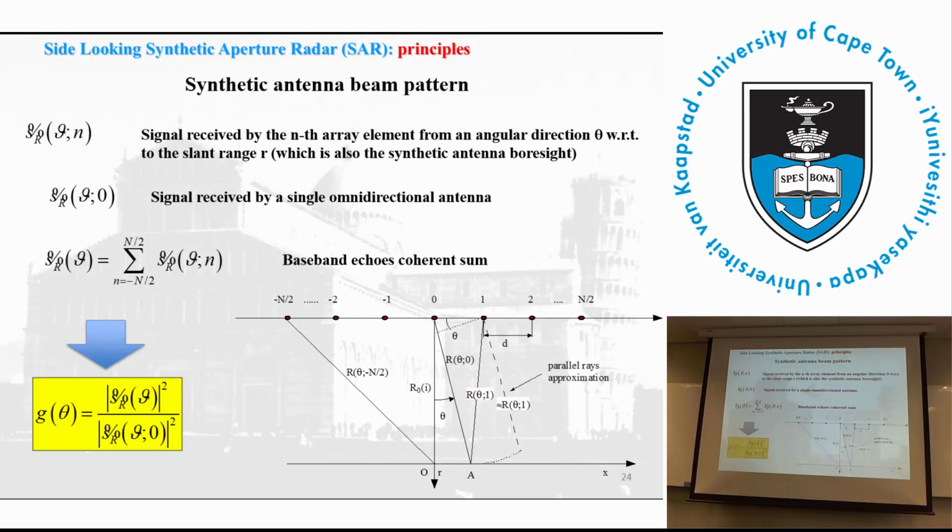So when these complex signals add up coherently in phase, right, you get a gain. When these components don't add up coherently or in counter phase, they actually cancel themselves.